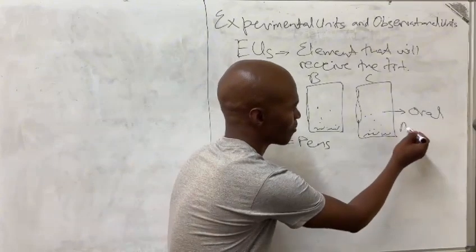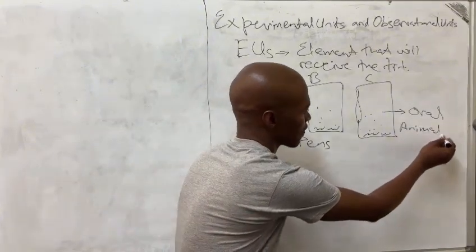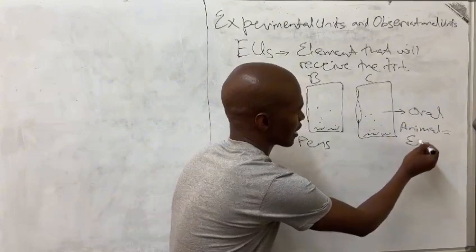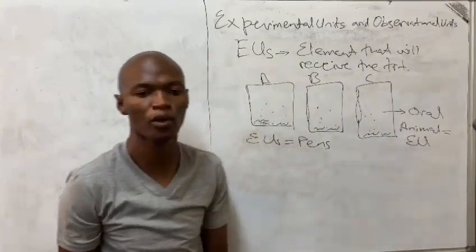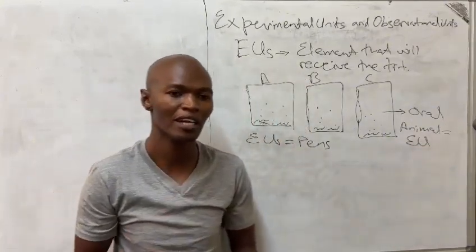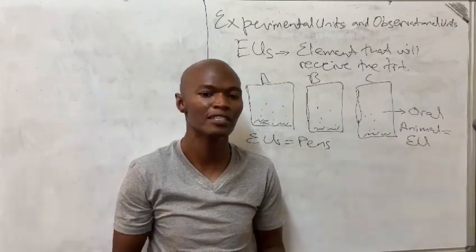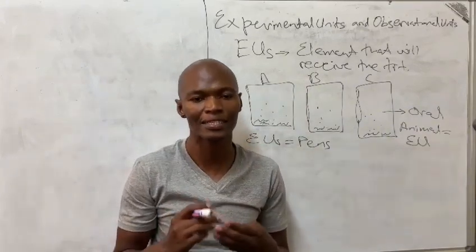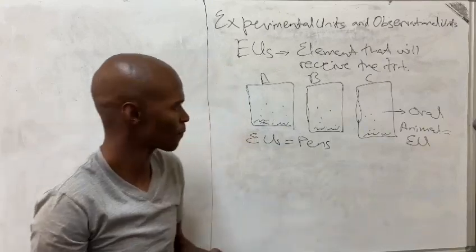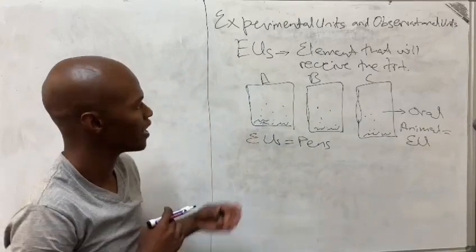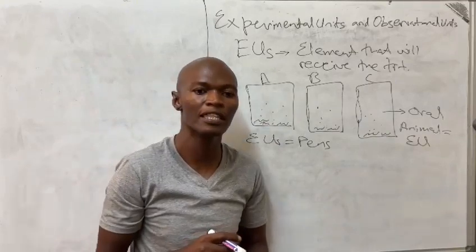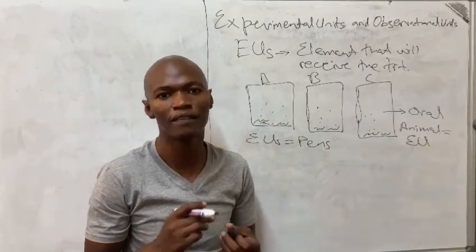So that animal is the experimental unit, because the experimental unit is nothing but the element that received the treatment.